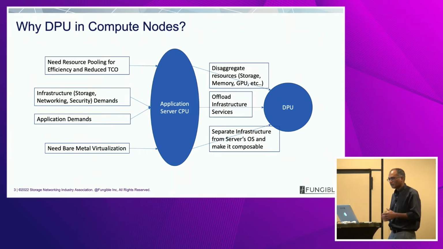So this is another driving need, and you need to run the infrastructure as well as the hypervisor that's virtualizing the CPU as well as the memory in the hardware. The DPU is a perfect place where you can run it. All these reasons are driving the need for DPU in the compute nodes.